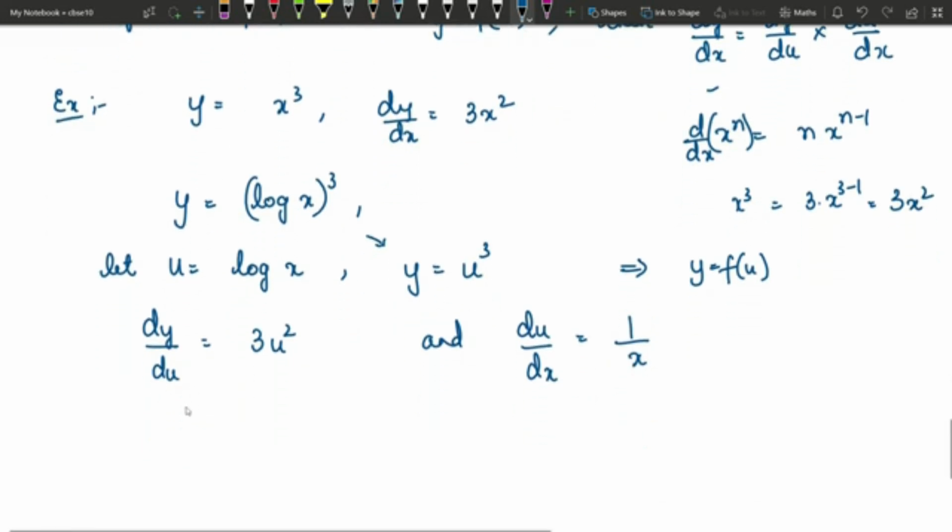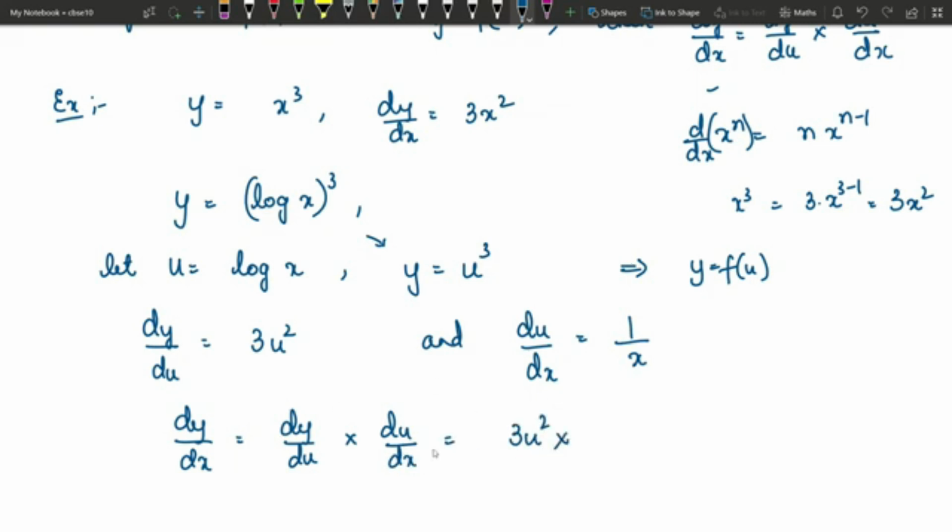Now we will combine these two, that is, dy by dx is equal to dy by du into du by dx. dy by du is 3u square, into du by dx, which is 1 by x. Now u was not given originally in the question.